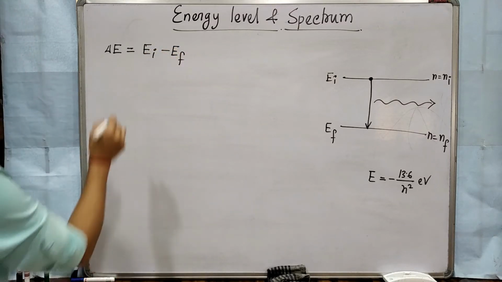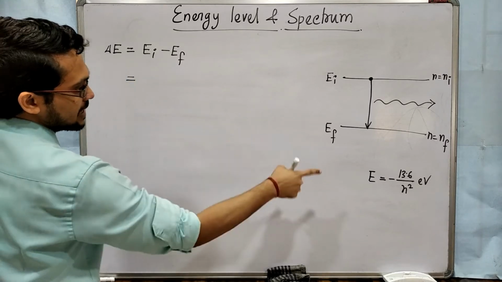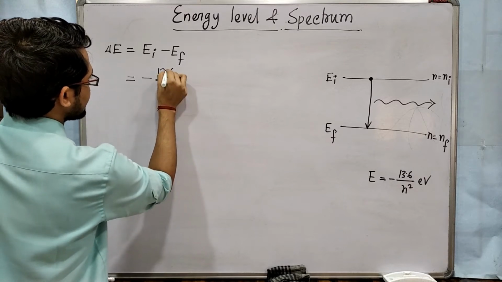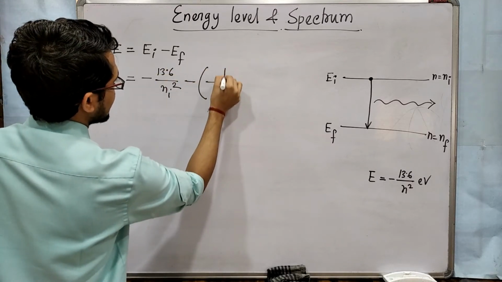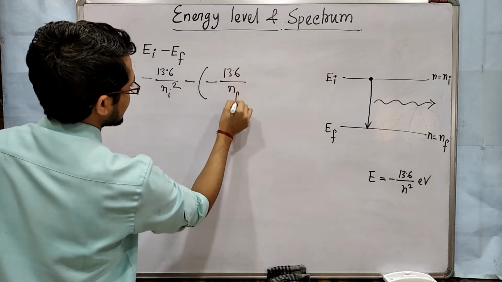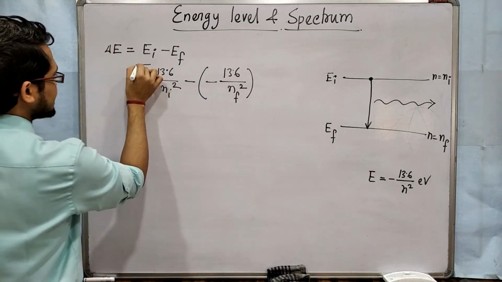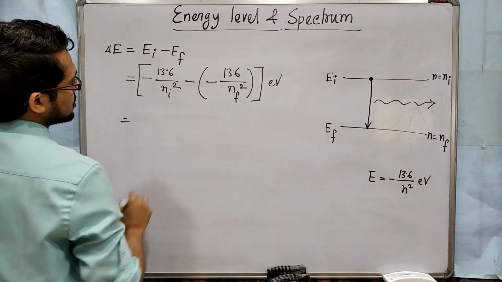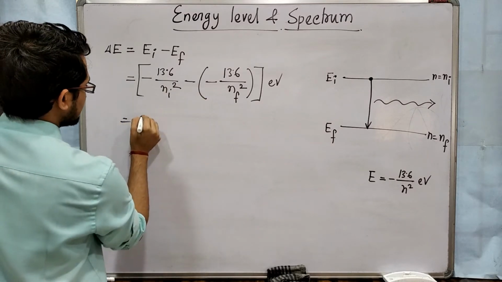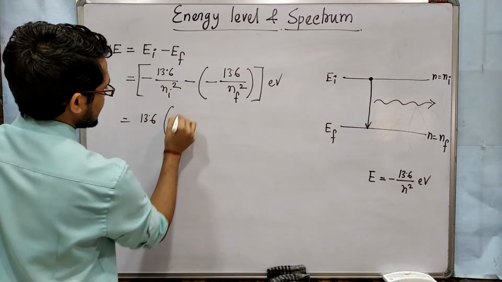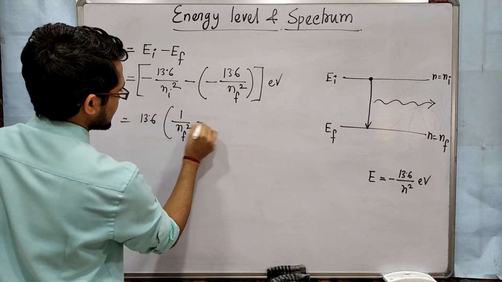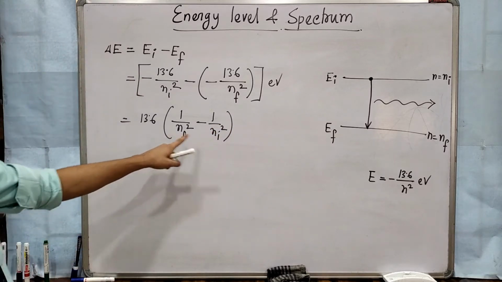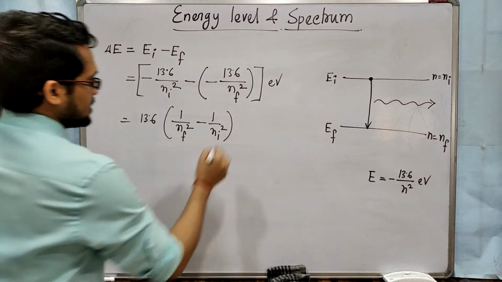Clear? Now Ei means minus 13.6 by Ni square, minus, minus 13.6 by Nf square. Again, this is in electron volt. Take 13.6 common, so you will get 13.6 into 1 by Nf square minus 1 by Ni square, where Nf is the final energy level and Ni is the initial energy level, in electron volt.